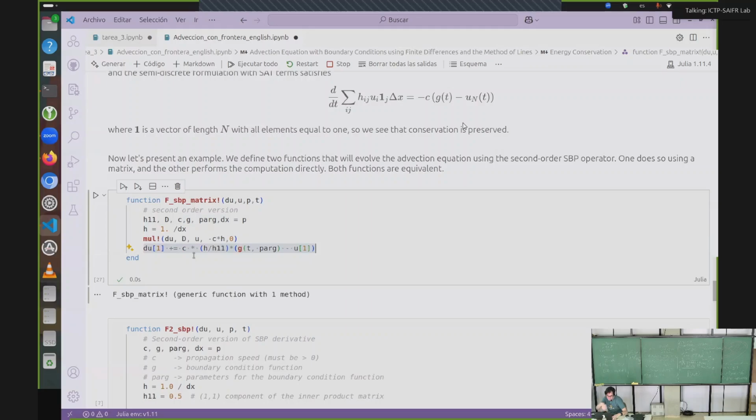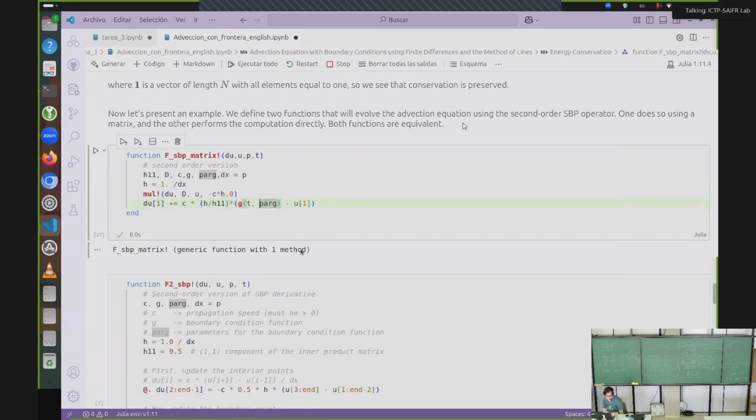So this part here is the one that's telling the solution at the last point. Besides the solution that you have to do with the wave equation, you need to have some exponential decay that goes to the value g(t) with the parameters that this g function needs.